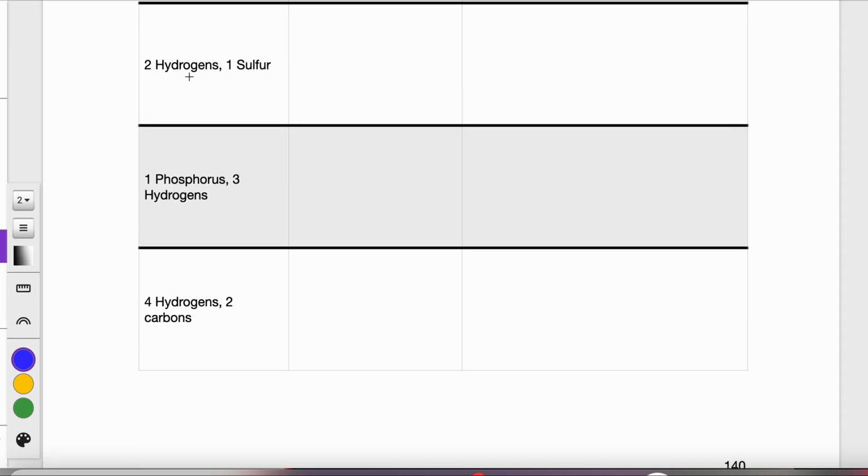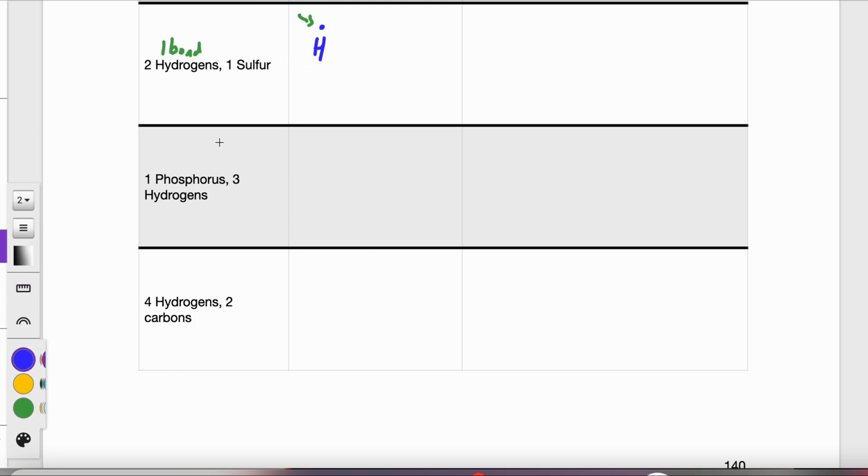Okay, so we have the element hydrogen, and hydrogen is in group 1, so it has 1 electron only, and that electron lacks a partner. So the hydrogen needs to form one bond.